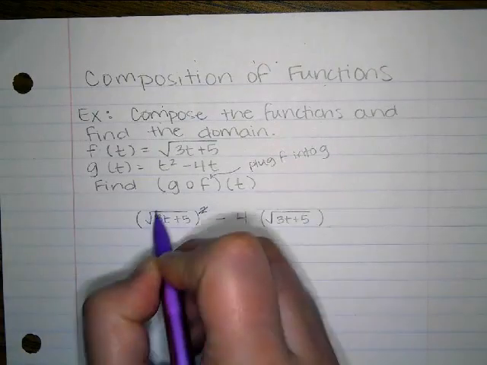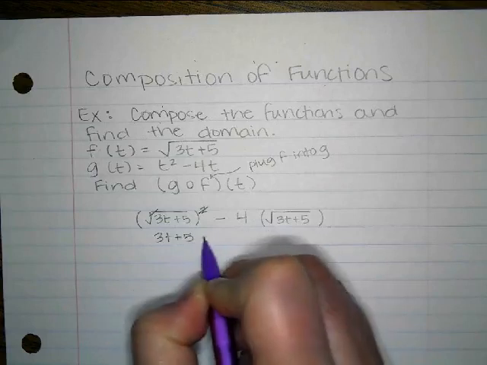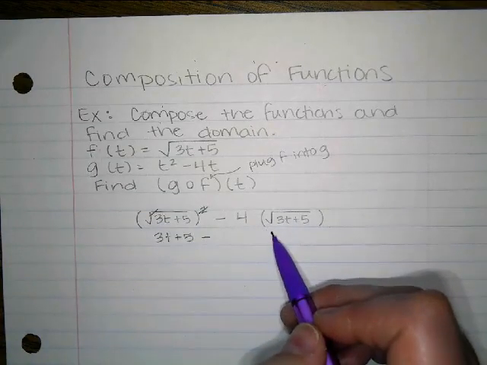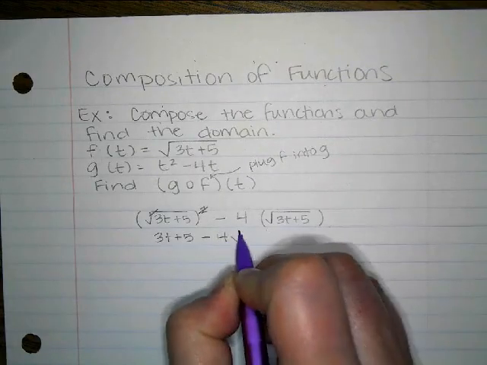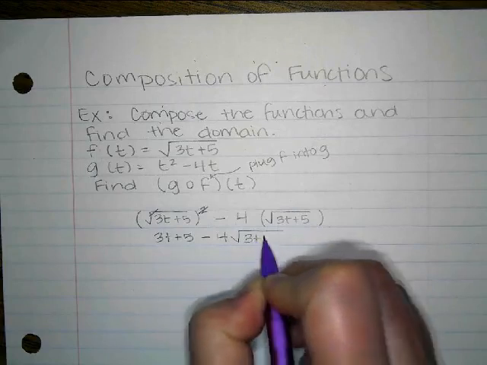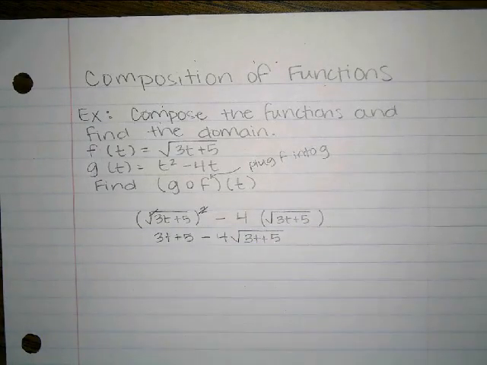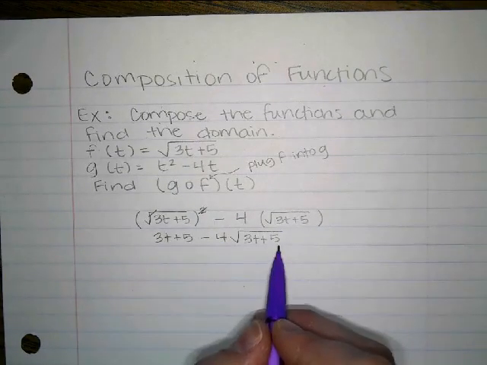So the squared and the square root are gone. We have 3t plus 5. And then what happens for the second part? We just take the parentheses away and we write 4 square root 3t plus 5. There's nothing else we can do. We can't put that 4 in there. Okay. Perfect. So this is what we have.